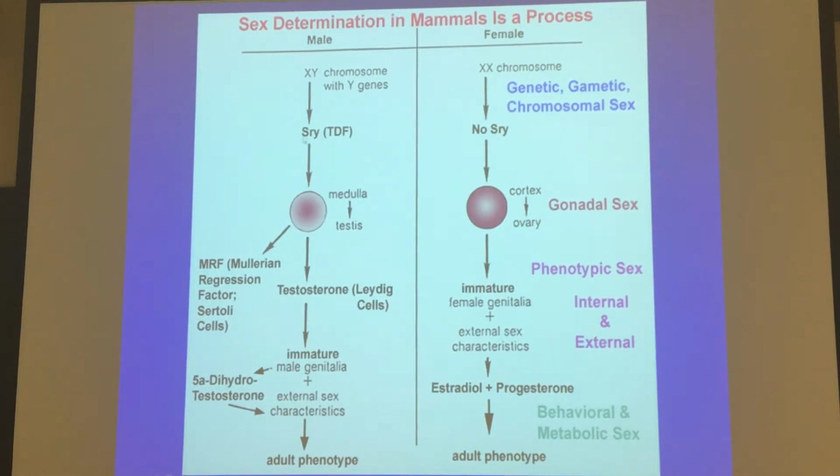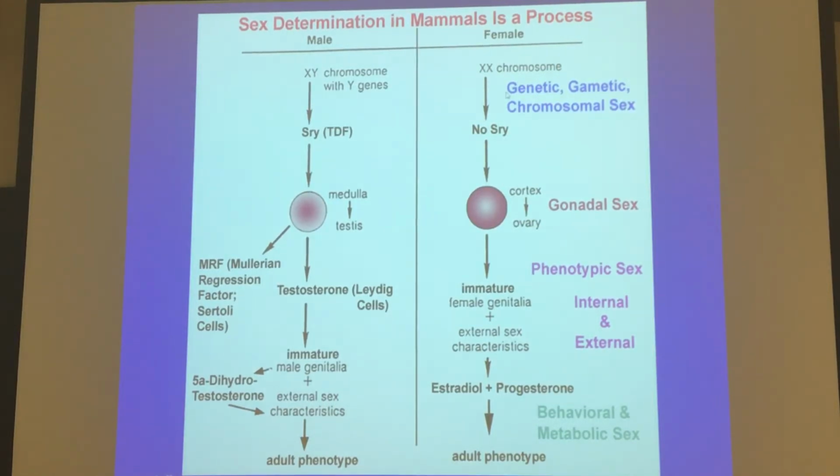In the absence of this driver, this small protein that's expressed and drives the developmental program toward testicular development, you have the absence of SRY, and rather than getting the central portion of the indifferent gonad, you get the outer portion of the indifferent gonad to develop, and you move toward the formation of an ovary.